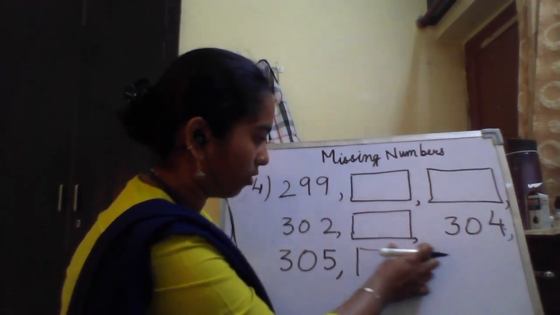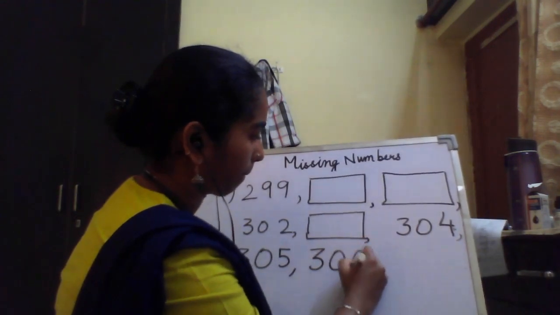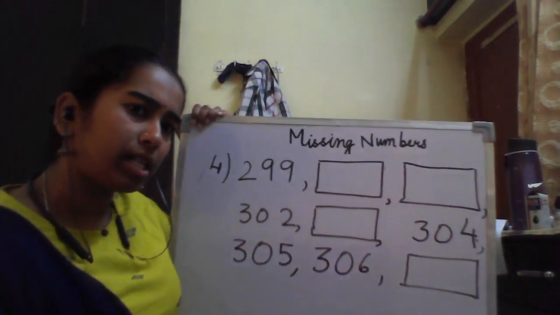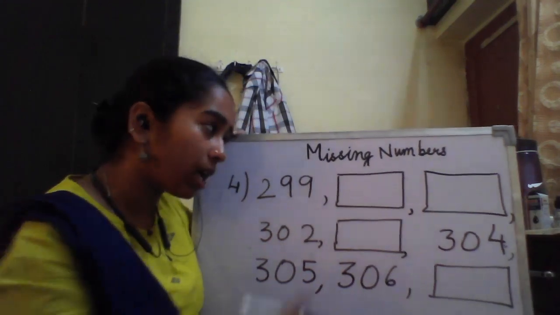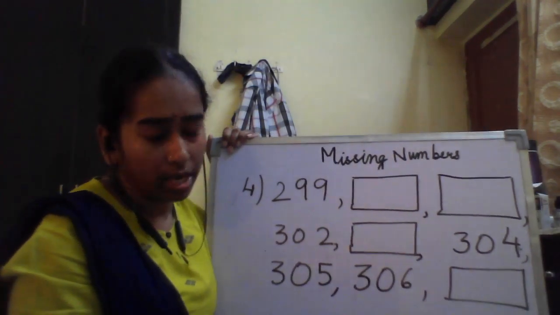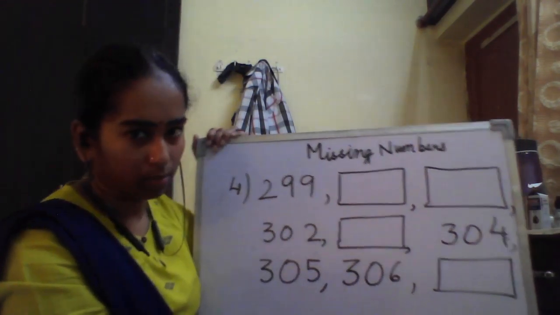Now complete this missing train with me, because there are boxes missing in this. So let us take a look how we are going to fill the missing numbers in these boxes.